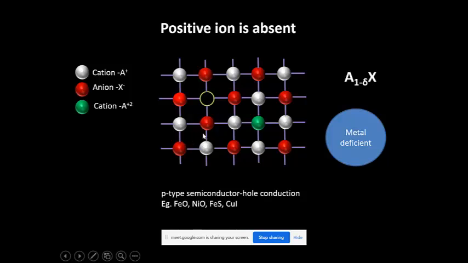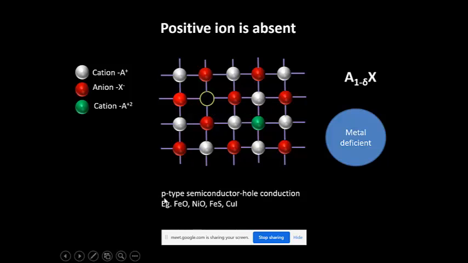In this case, there is a deficiency in a cation, a metal deficiency, because the cation is 1 minus delta X. This kind of defect in the lattice is going to give you a p kind of semiconductor, because a hole has been created, and this hole will migrate when you apply a bias voltage, and there is hole conduction.